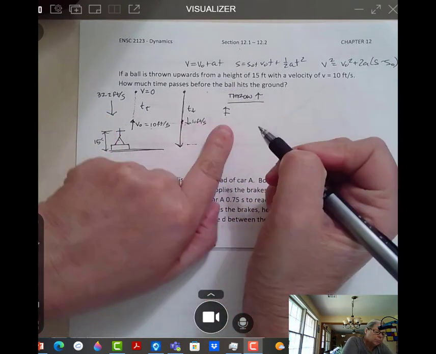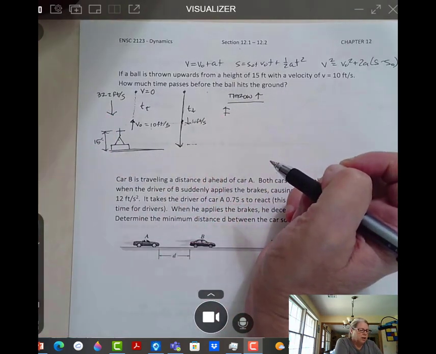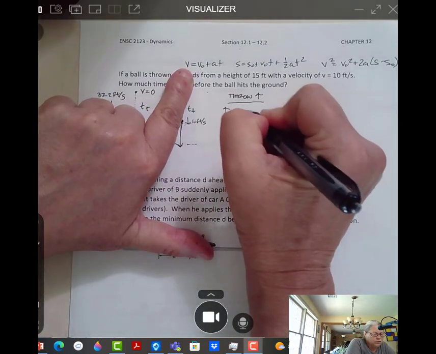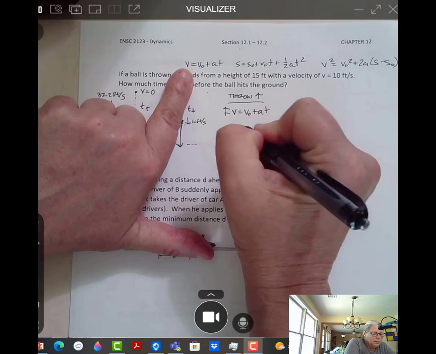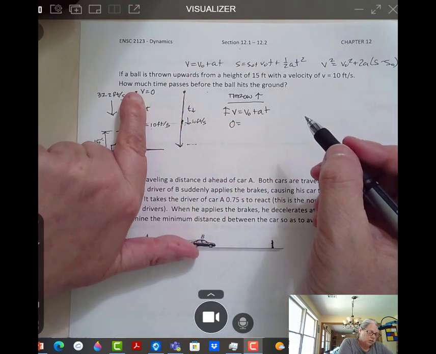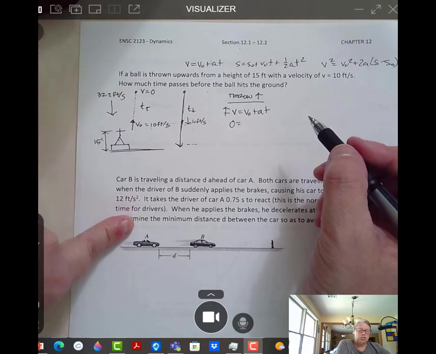So I'm calling up as positive. That's how I know whether to call it a positive or negative. So if I'm looking at V equals V naught plus AT, my final velocity is 0 because gravity slows it down. It changes direction.